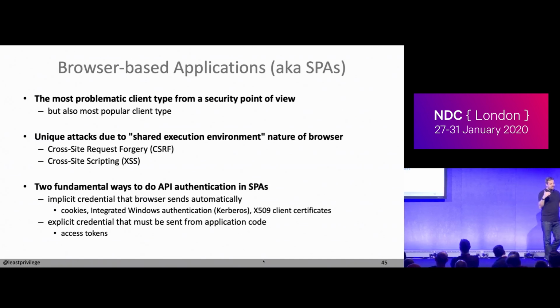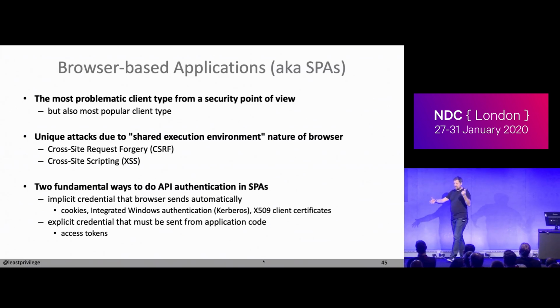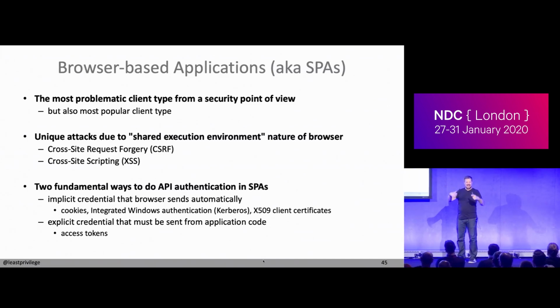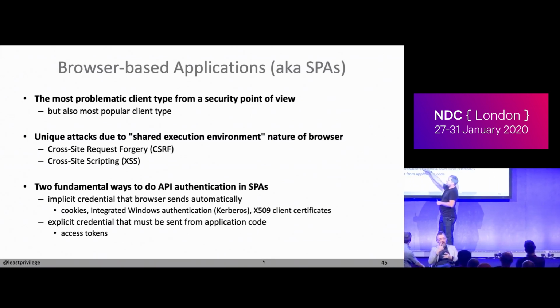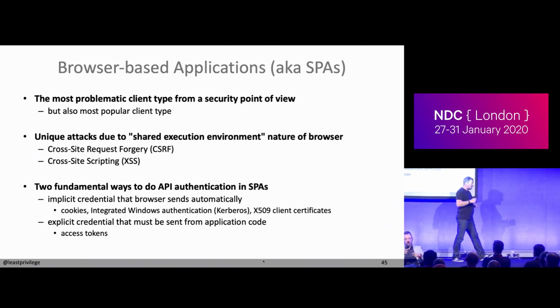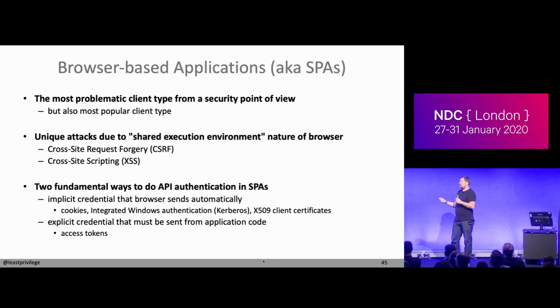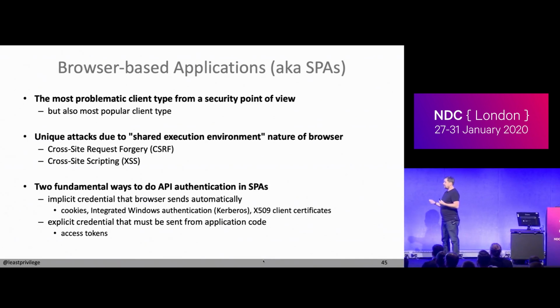Ultimately, you're running your application in a shared execution environment with multiple applications that take advantage of the shared state that the browser provides. And there's a whole class of attacks that have the word cross in front, right? Cross-site scripting, cross-site request forgery, because basically one application attacks the other, trying to take advantage of the shared state in the browser, right?